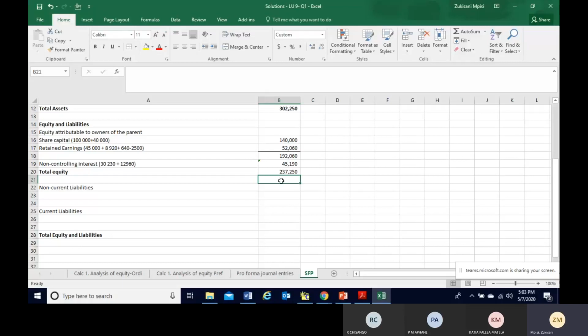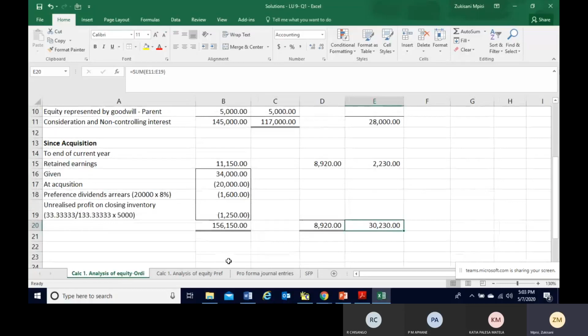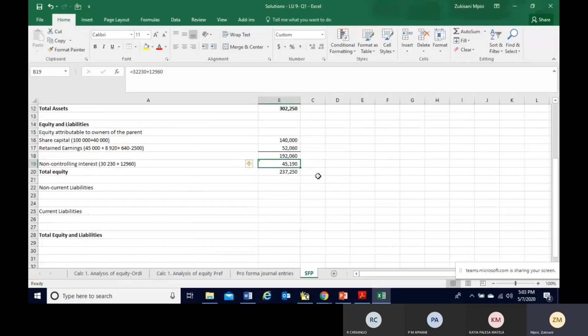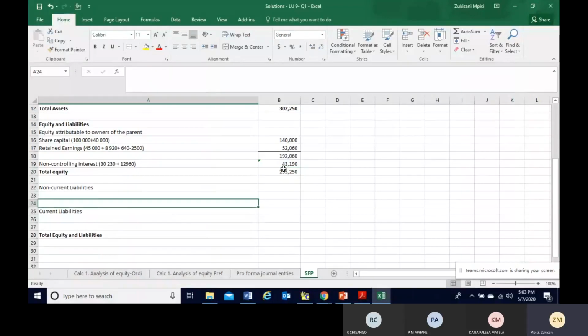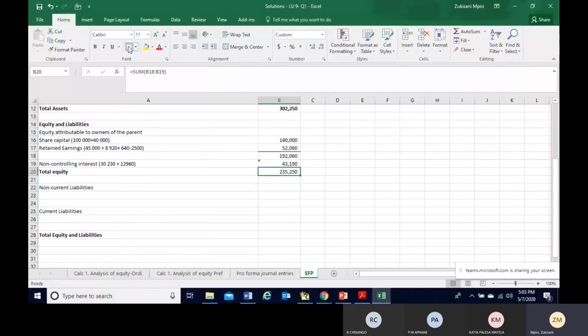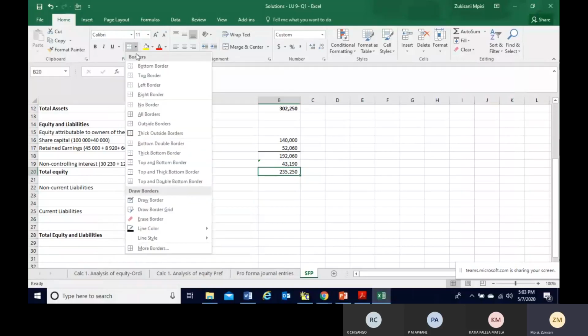It's going to be 235,250. Sorry, my bad. I calculated it incorrectly there. I captured the wrong number.